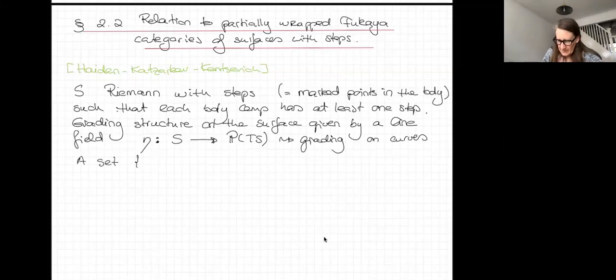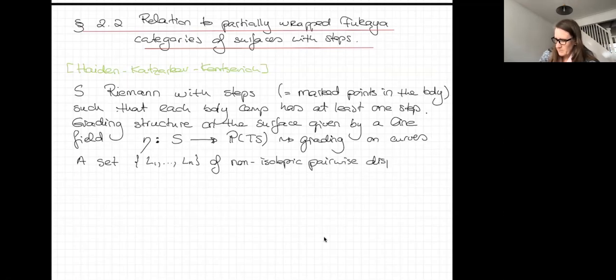So they say a set L1 up to Ln of non-isotopic, pairwise disjoint, graded Lagrangians.